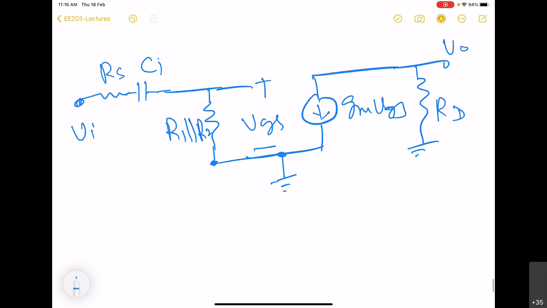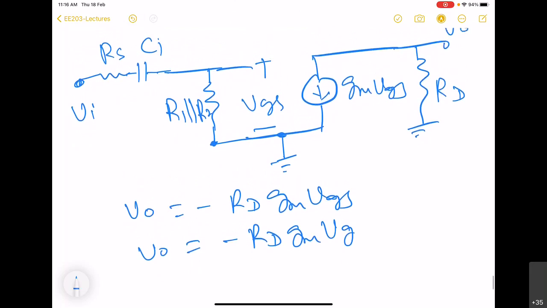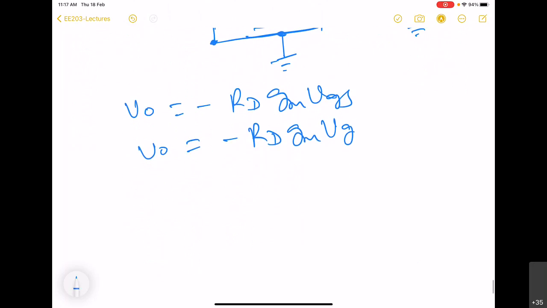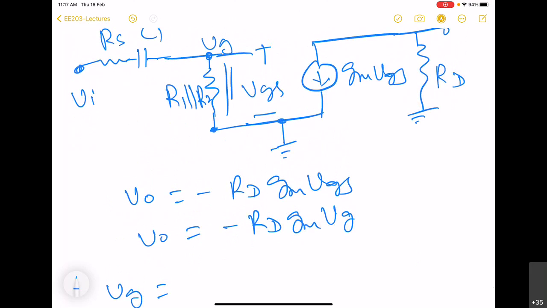So now we have to find out VO. So VO is minus RD GM VGS, which is minus RD GM VG, since source is grounded, right? So we need to find out this voltage VG, which is the voltage across this parallel resistor.